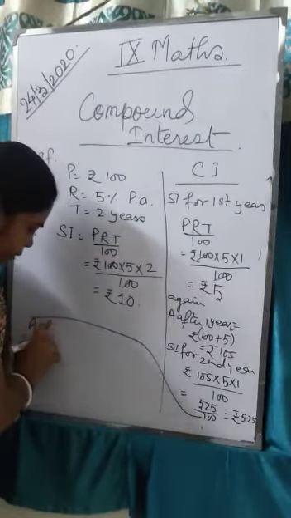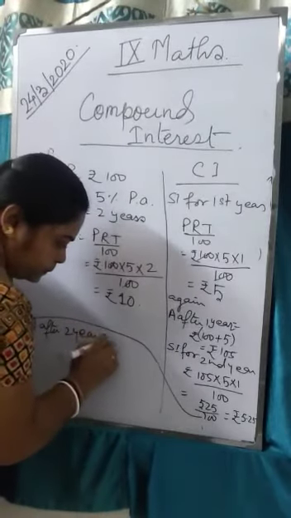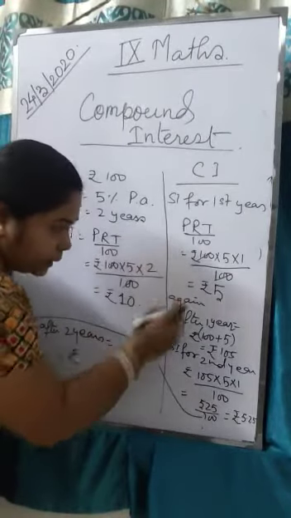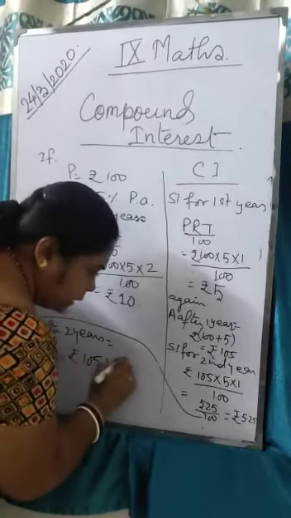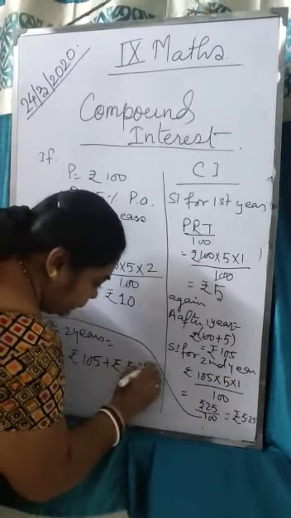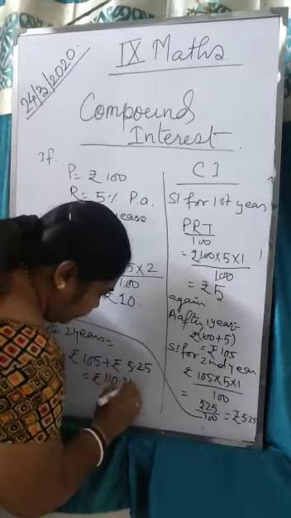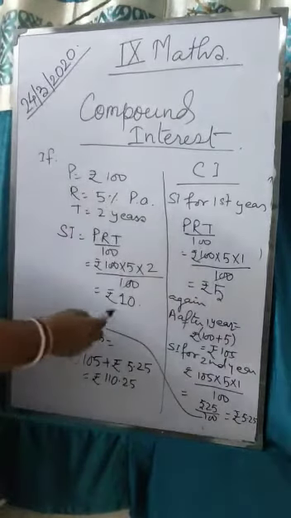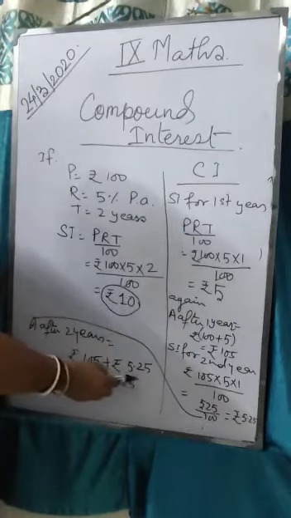Amount after 2 years, rupees 105 plus rupees 5.25, that gives you rupees 110.25.